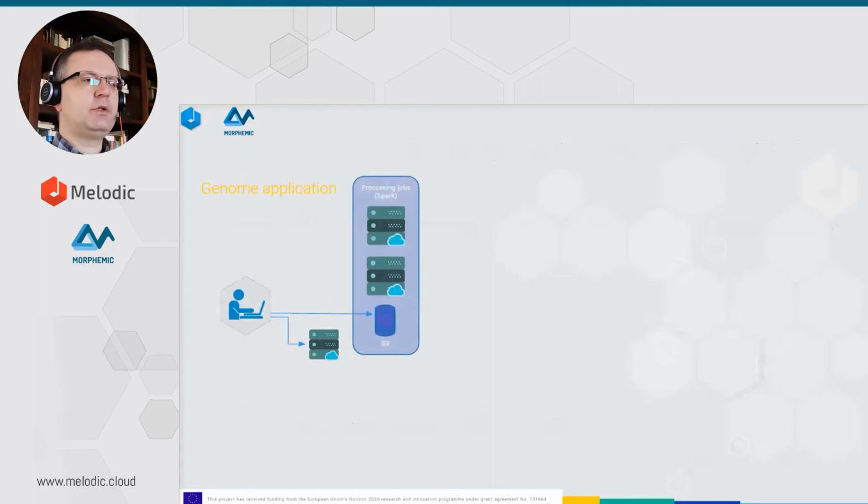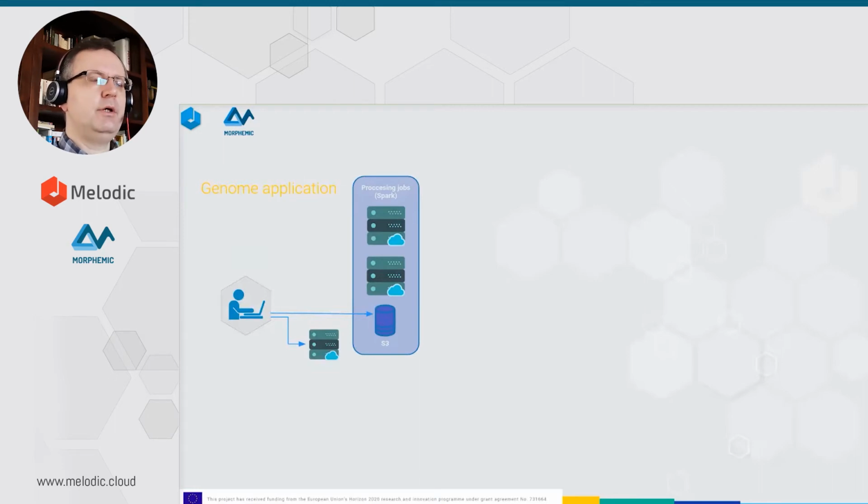The second application is a big data application deployed on Spark, and it is used to process genome data to find mutations in a given genome compared to the reference one. This application is used by one of the Polish universities to perform research related to the genome, especially to mutations in the genome.